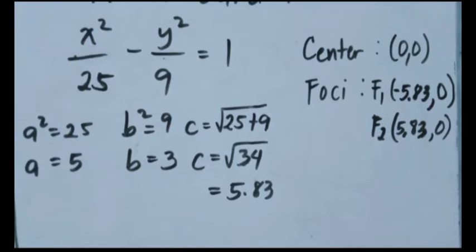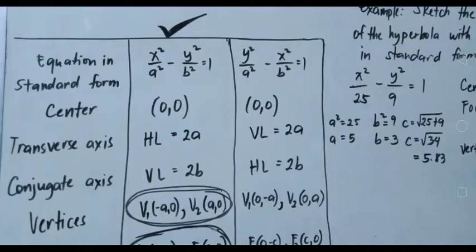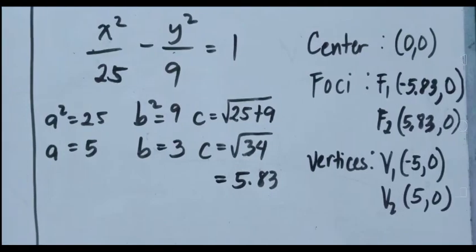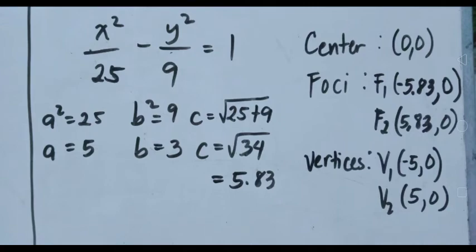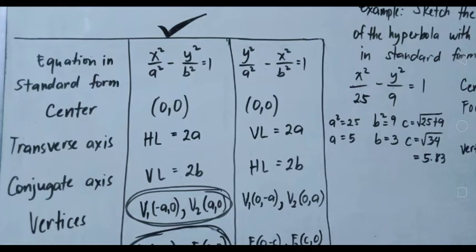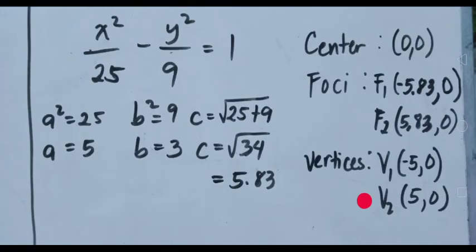Next we will find the vertices. The encircled part beside vertices is what we will follow. The first vertex is negative a, 0, and our a is 5, so that is negative 5, 0. And our second vertex is a, 0, so that is 5, 0. Since the center, foci, and vertices are already determined, we can now locate them in our Cartesian plane.